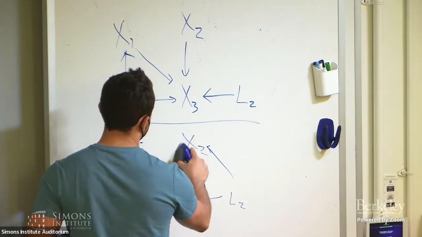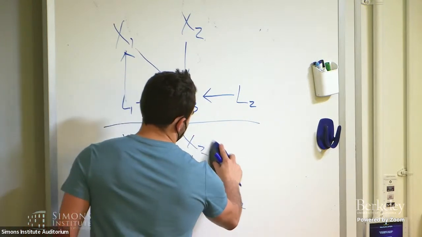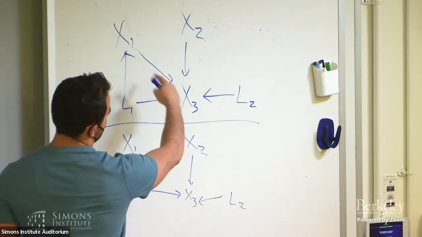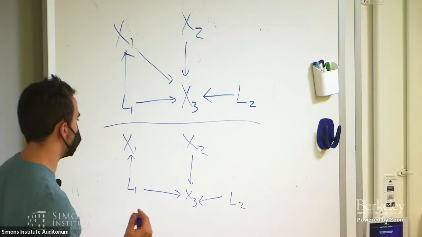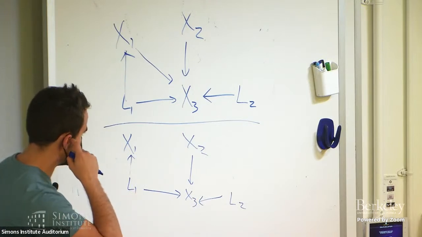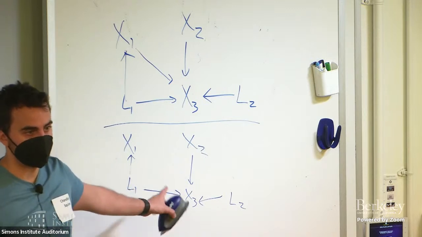So again, X1 and X3 are going to be dependent in both of these graphs. There's no extra information that we can get about whether or not that edge is there.